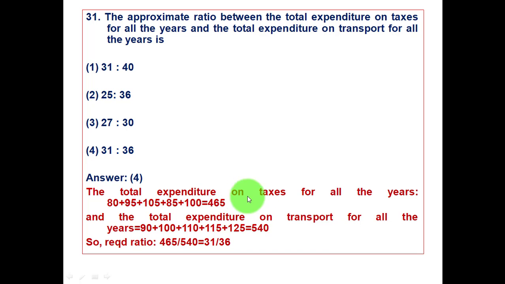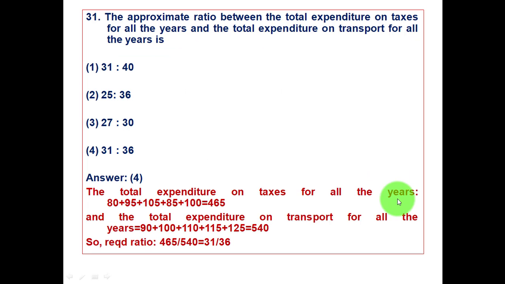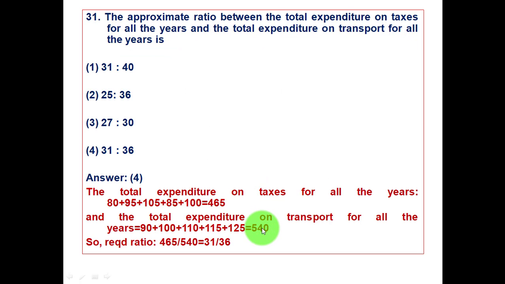Total expenditure on the taxes for all the years, consider this table. Taxes means this column. So 80 plus 95 plus 105 plus 85 plus 100, and that will be 465. Total expenditure on transport for all the years, this is the transport column, 90 plus 100 plus 110 plus 115 plus 125, and that will be 540.